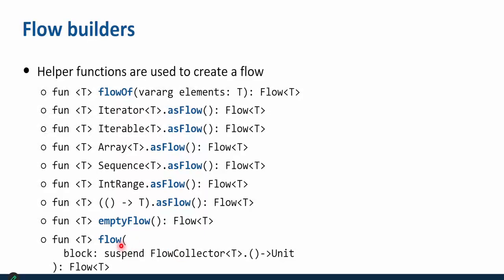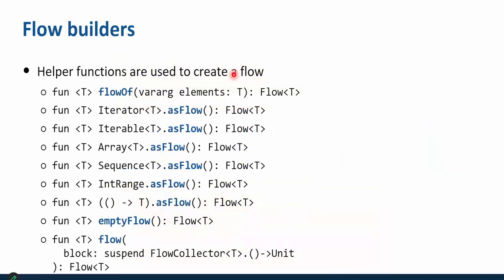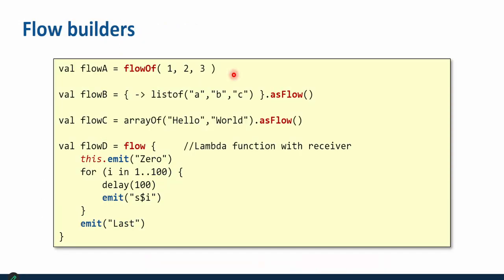And maybe you are more interested in creating a flow from a suspendable block with a collector, as in the previous example we have exploited. Here are some examples of usage of these main methods to create flows, even though we will maybe not use them in the Android domain.